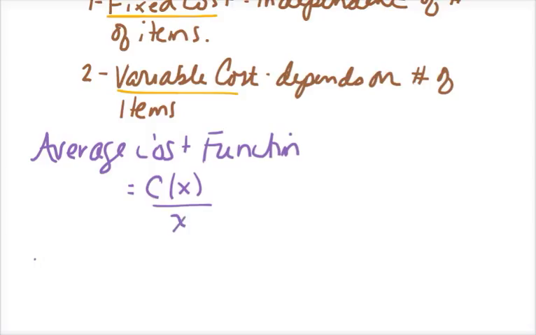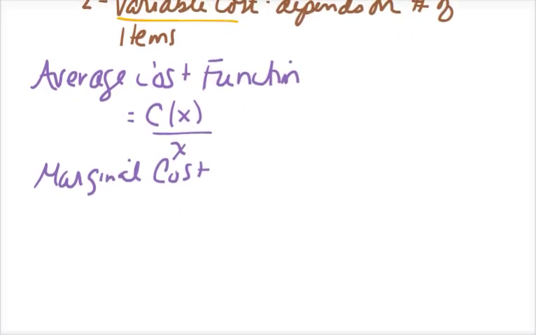The marginal cost function is an approximate cost of producing one additional item after producing x items. So it's actually C prime.